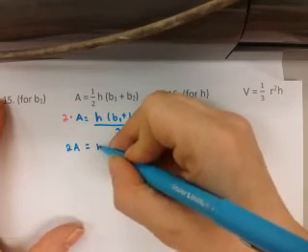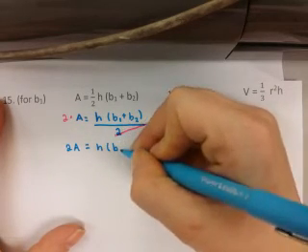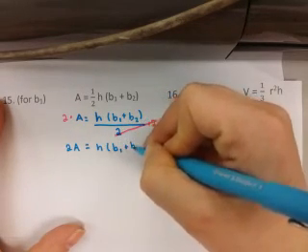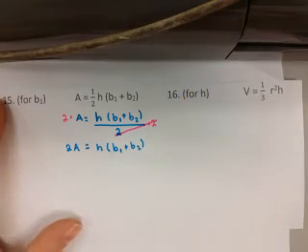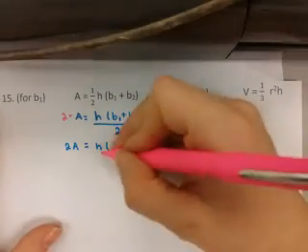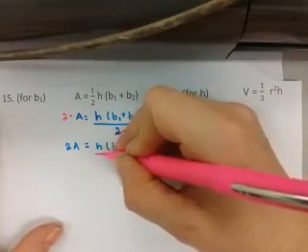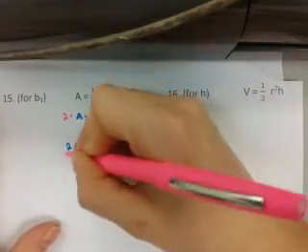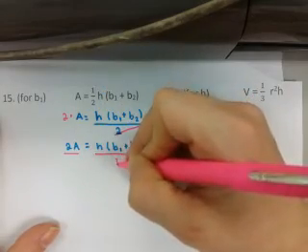So now I'm left with 2a is equal to h times (b1 plus b2). Okay, so I still need b1 by itself. So it's multiplied by h. I'm going to undo that multiplication, so I'm going to divide both sides by h.